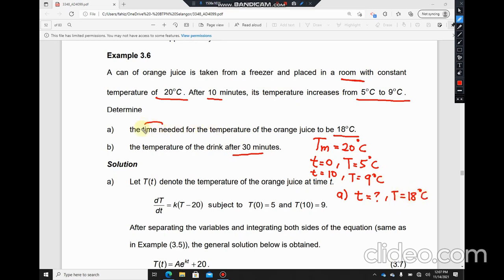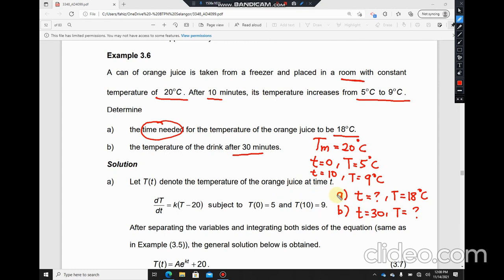Dia nak ni time needed. And then for B, the temperature of the drink after 30 minutes, so it means that t equals to 30, and then temperature equals to what? Dia nak kita cari semua value ni kan.